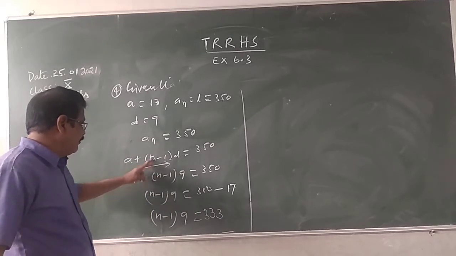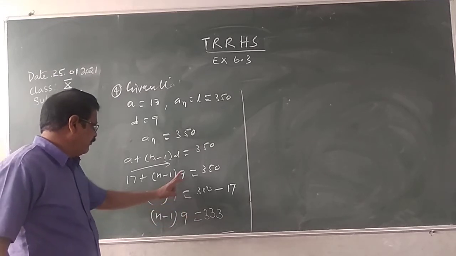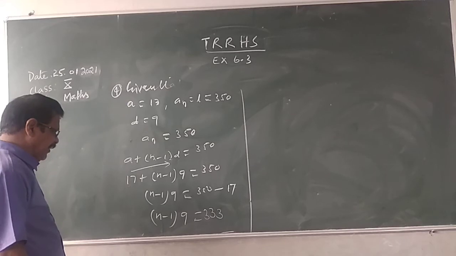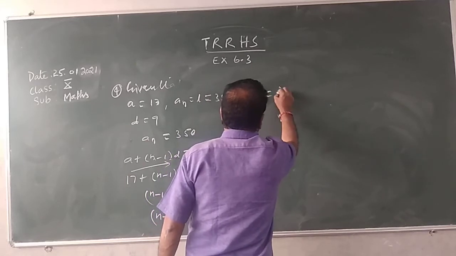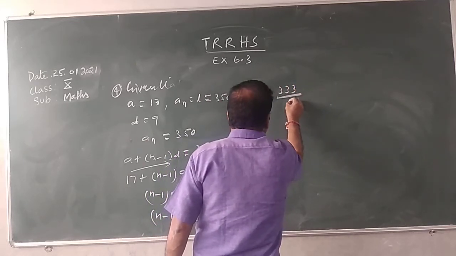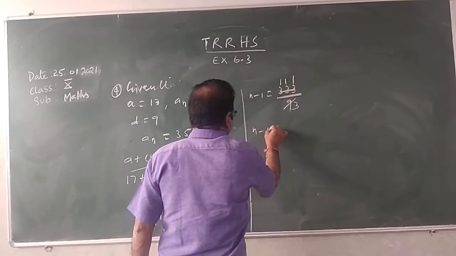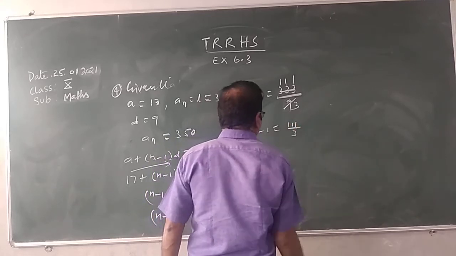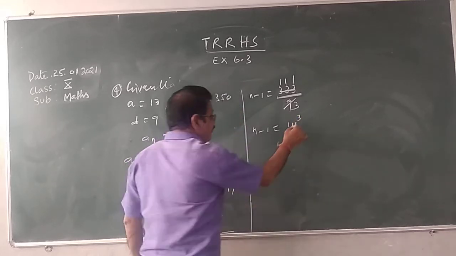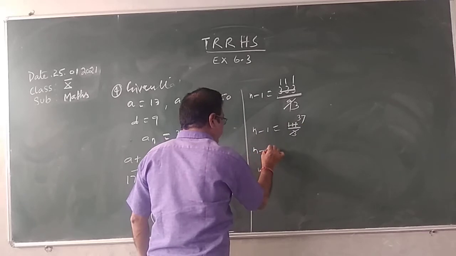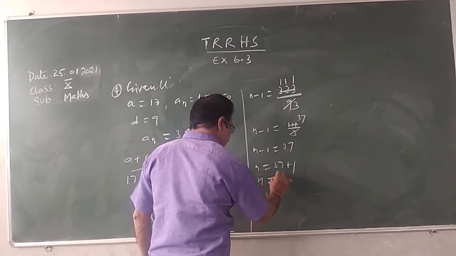A is 17, D is 9: 17 plus (n minus 1) into 9 equal to 350. (n minus 1) into 9 is equal to 350 minus 17, that is 333. So n minus 1 is equal to 333 by 9, which is 37. n is equal to 37 plus 1, n is equal to 38.